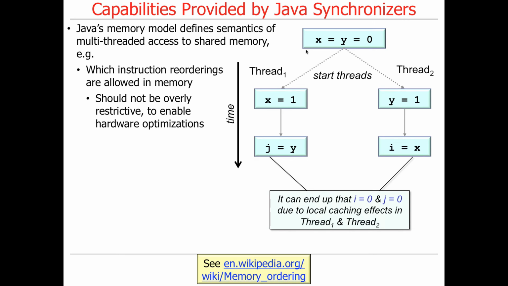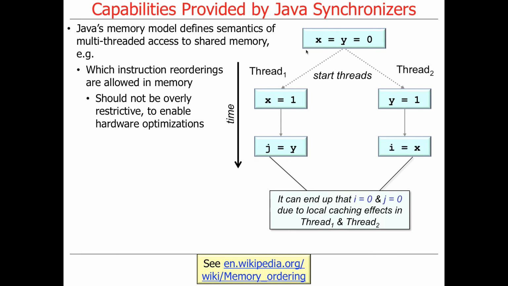Yes? Why is x and y equal to 1 at this time? Well, they're equal to 0. So the question is, why are x and y equal to 0? What would happen here is that x and y start at 0. Both those values get cached in the two threads' processor caches.